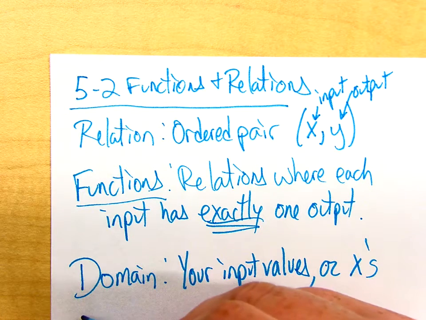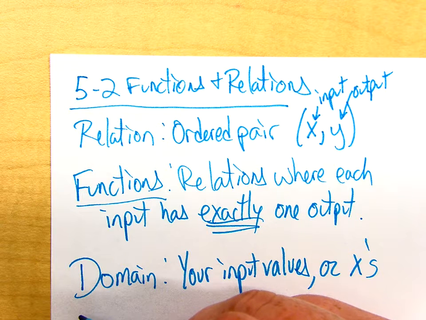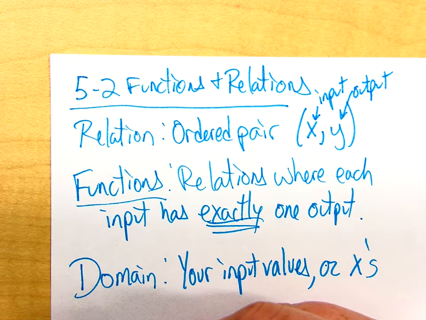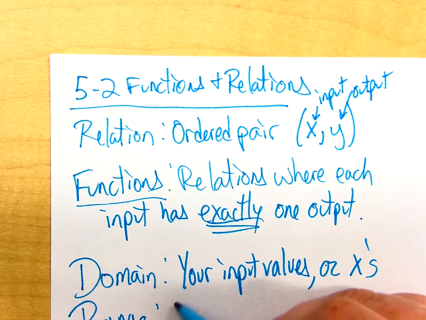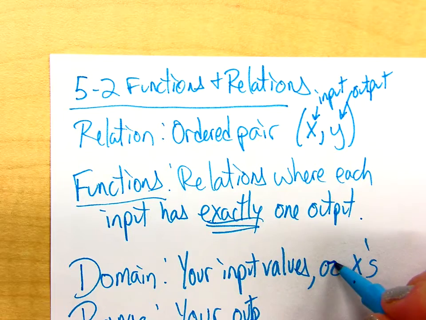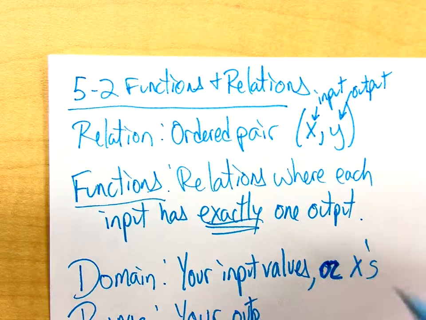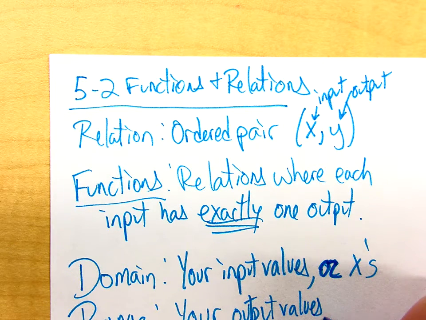And then, of course, what's that other word that's always with domain? Range. Domain and range. These are your output values, or Y's.